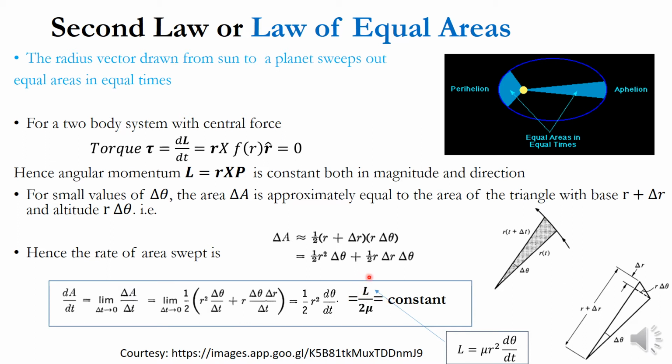We know that this L is a constant, and mu is the reduced mass, which is again another constant, so that L by 2 mu will be another constant. That is, dA by dt is a constant, or the radius vector drawn from the Sun to a planet sweeps out equal areas in equal times.